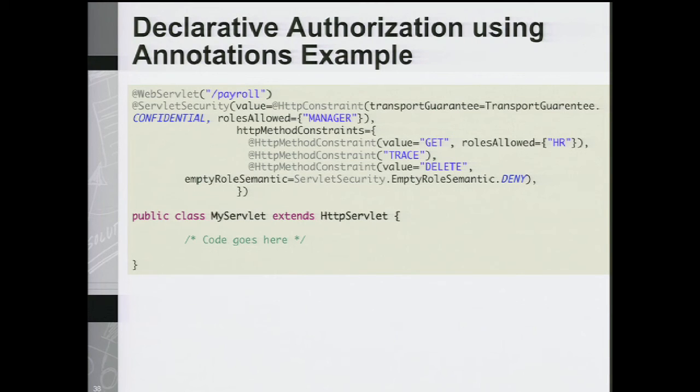I'm basically reversing the meaning of the empty role, saying do not allow anyone to access the delete method. So in summary, no one can access the delete method. The trace method can be accessed by anyone. The get method can only be accessed by HR. And anything else, for example put or post, can be accessed by the manager role.